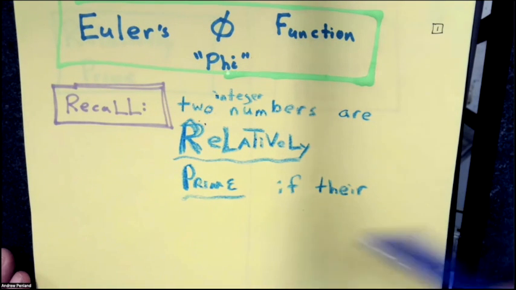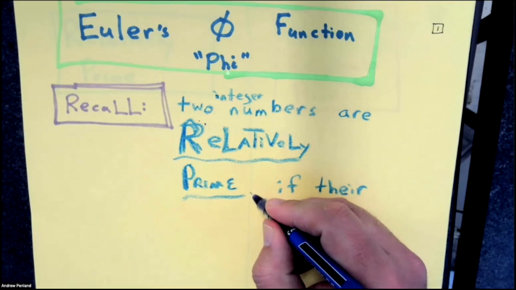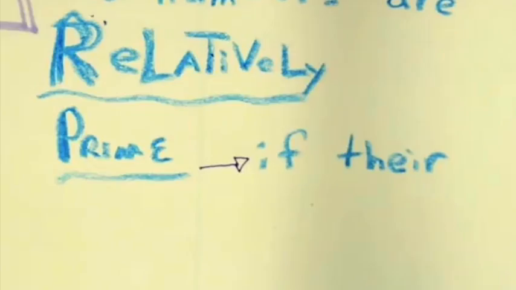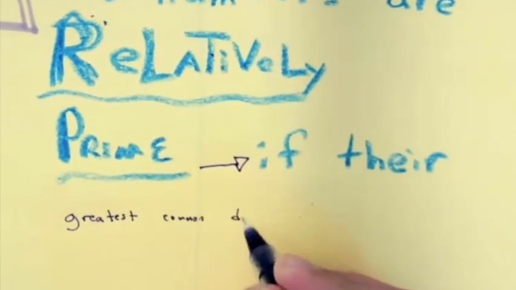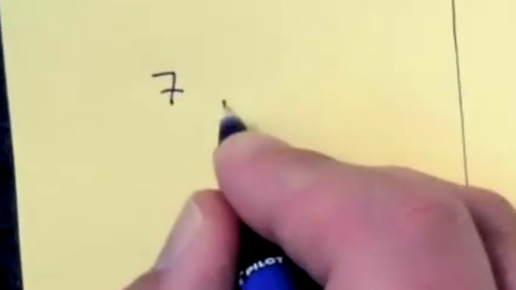To get us started, do you remember what it means for two numbers to be relatively prime? Two numbers are relatively prime if their greatest common divisor is 1. This is a relationship between two numbers. It's not a property of a single number. So sometimes people say something like 7 is relatively prime.